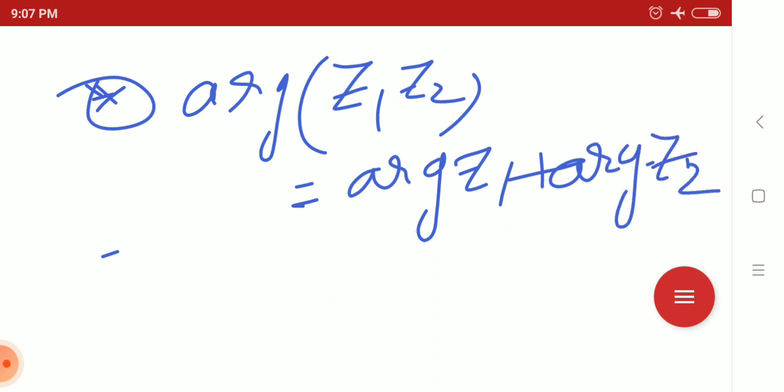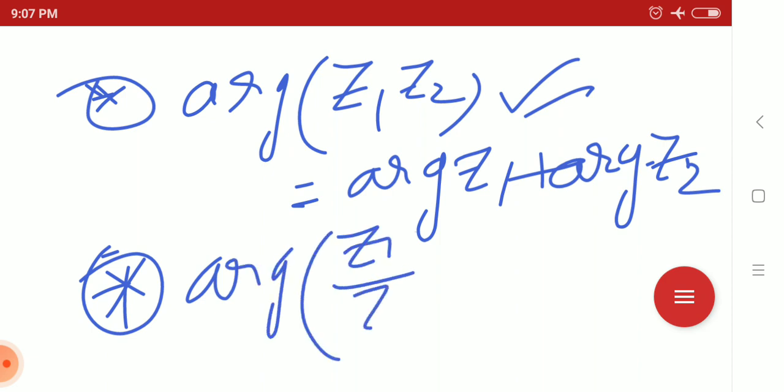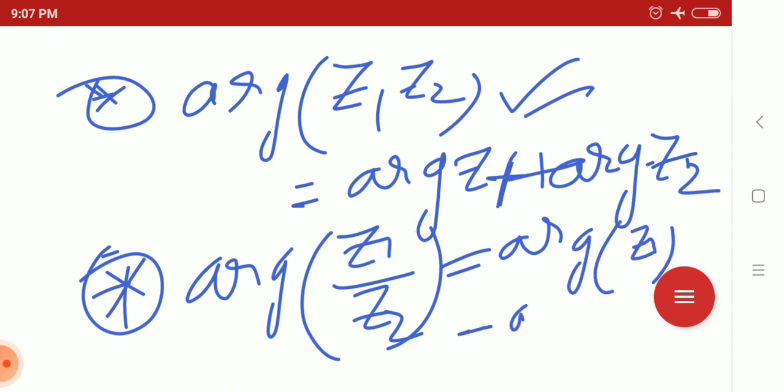For two complex numbers z1 and z2, the argument of z1 into z2 can be written as argument of z1 plus argument of z2. The second property is argument of z1 by z2 equals argument of z1 minus argument of z2.